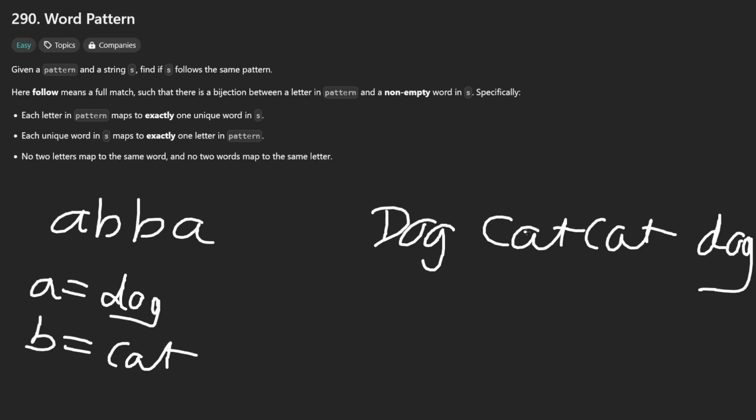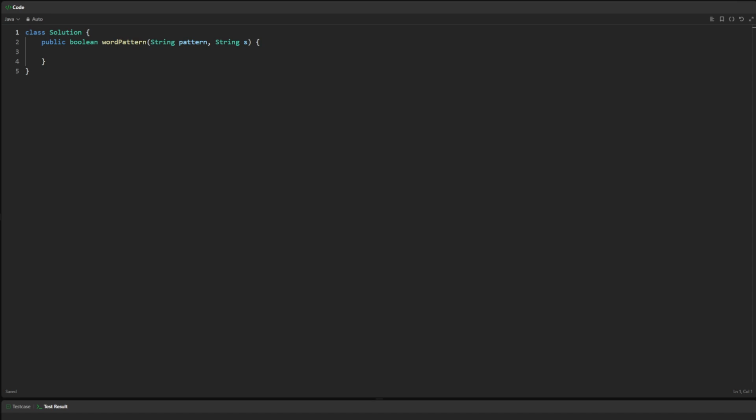And so therefore we get A, B, B, A. This is the bijection. This is what it means by the pattern and the string following each other. Cool. So in terms of code, this might be a little bit lengthy, but hopefully you get the idea.